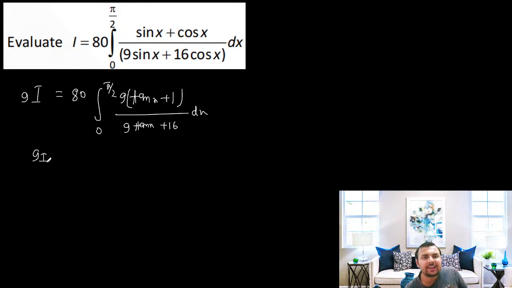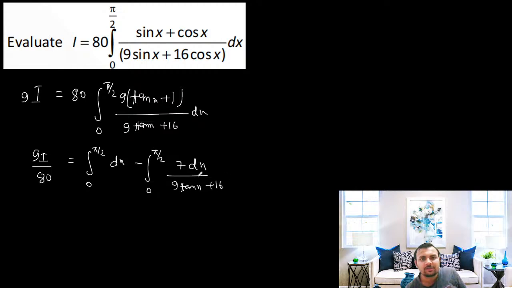We'll do it: 9I by 80 equals the integral from 0 to pi by 2 of (9 sin x plus 15 plus 7 minus 7) upon (9 sin x plus 16 cos x) dx. Okay, this came out with pi by 2. Okay, this is pi by 2. We'll have to work on this.